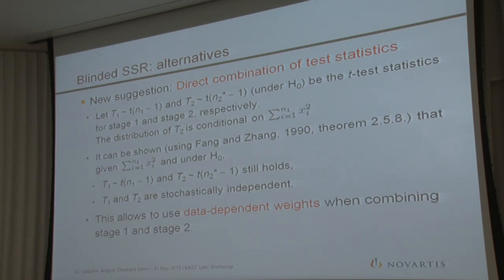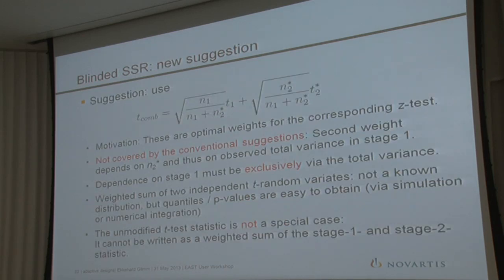And they are all still stochastically independent. So you have a result about the two test statistics, and in this case, this is a different twist from our previous example. This allows you to use, in this specific situation, data-dependent weights when combining the two stages.